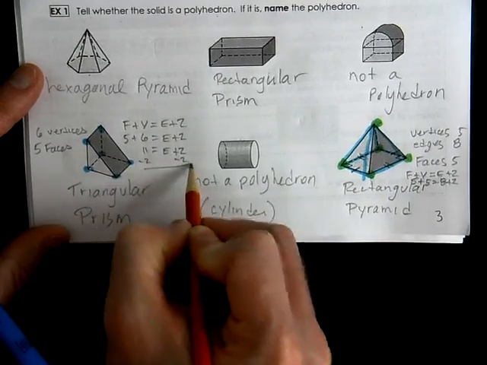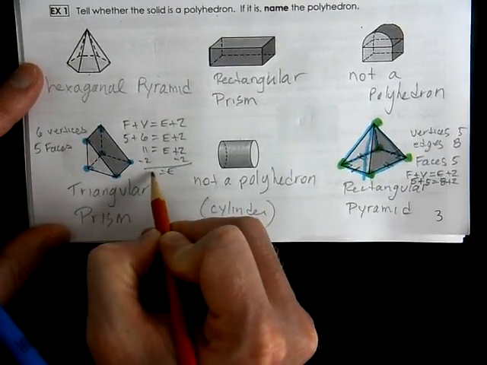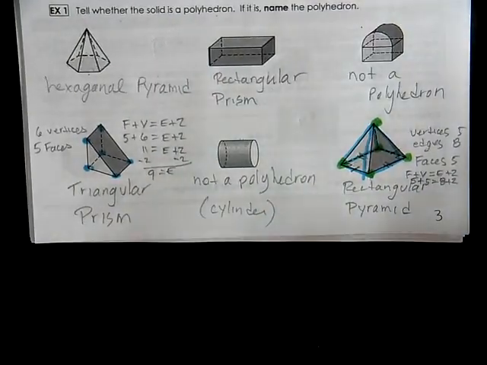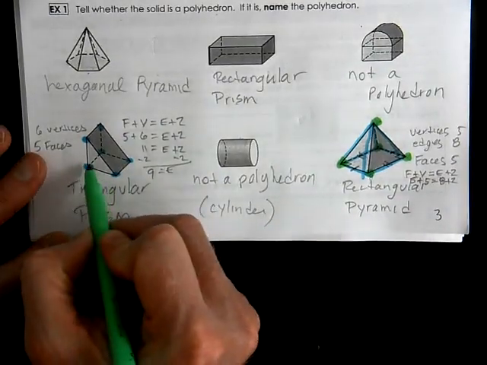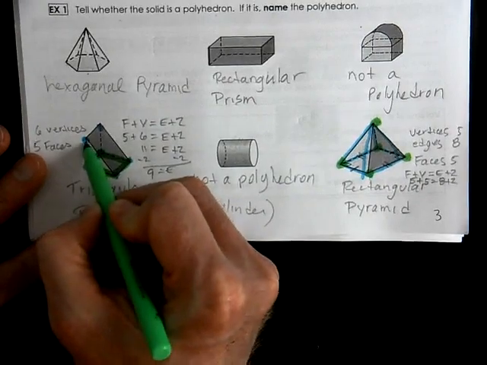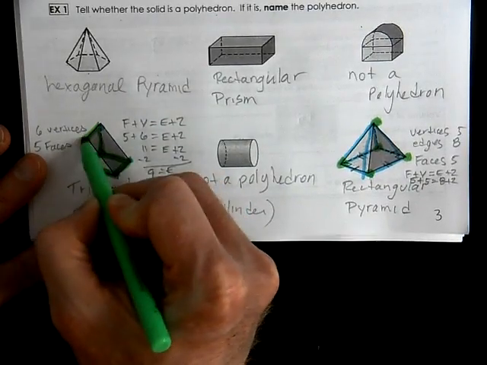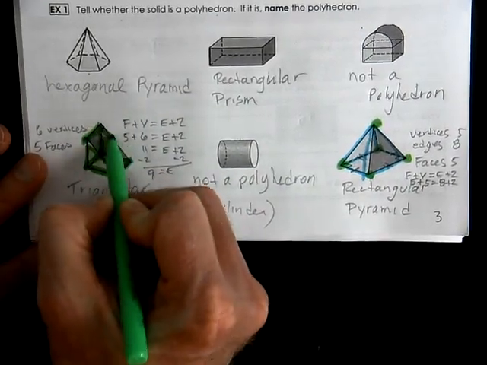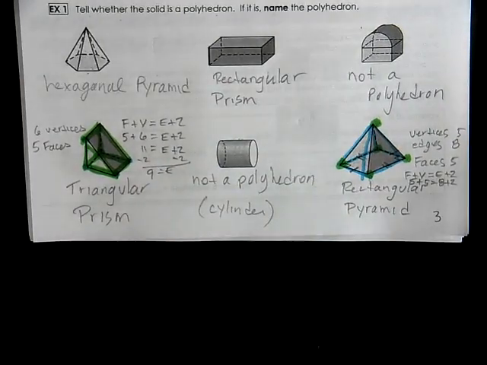Use your algebra to calculate the number of edges, and I calculated 9 of them. That would be 1, 2, 3, 4, 5, 6, 7, 8, 9. So that worked out. That's how you use that formula.